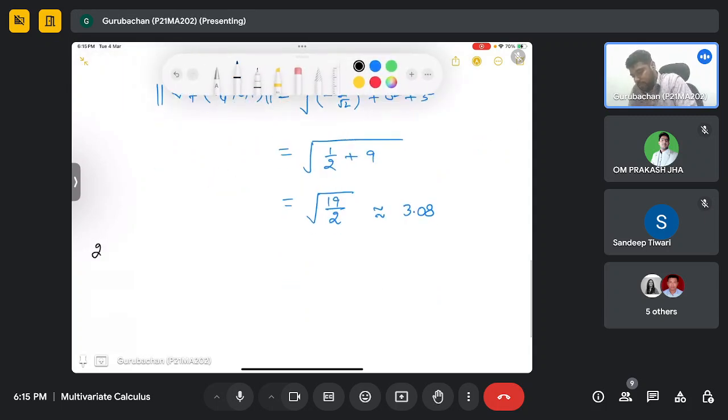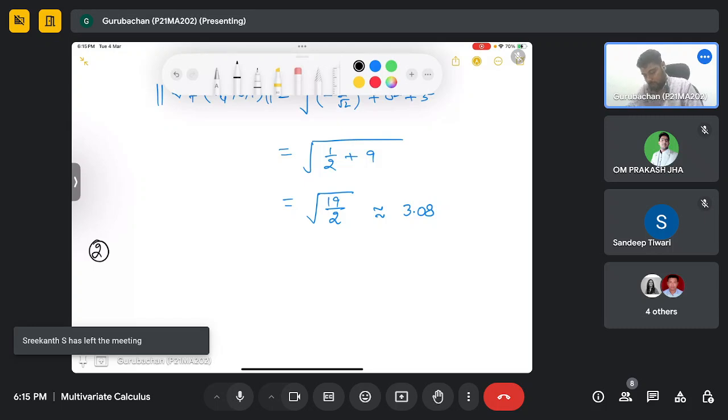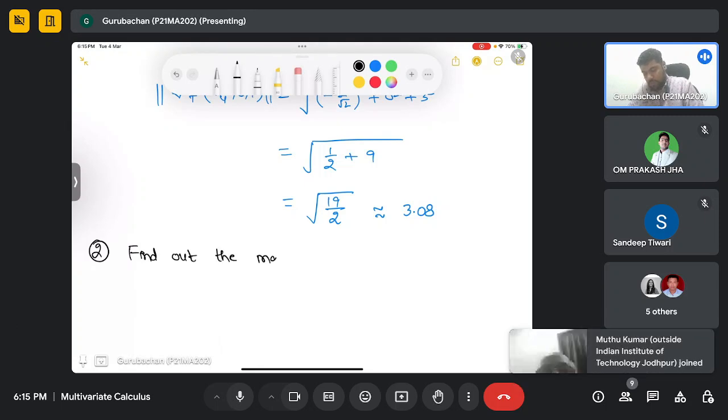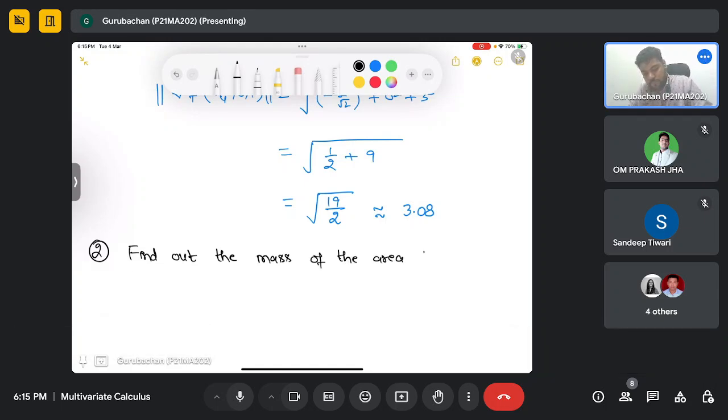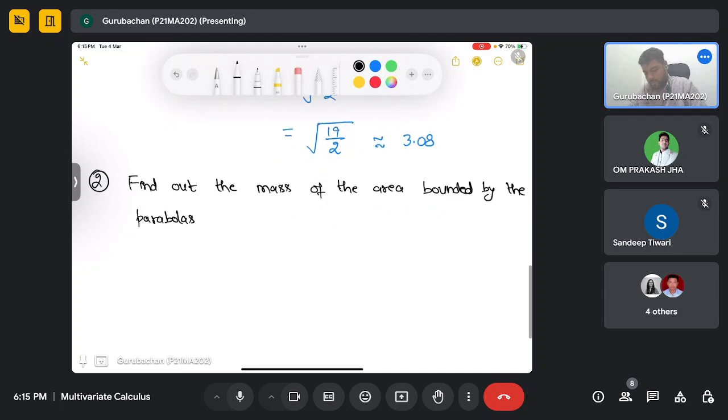So let me write the next question. Question number 2. Find out the mass of the area bounded by the parabolas y square is equal to 3 minus x and y square is equal to 3 times (3 minus x), and consider the density function to be y square.